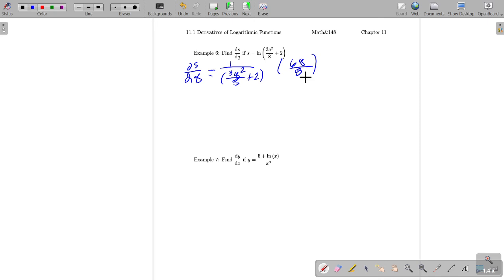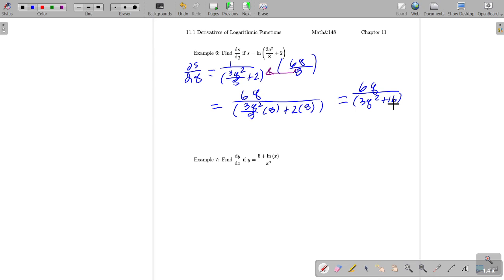Okay, so I am going to take this 8 and distribute it to here because it's a denominator. So this is going to become 6q, and then I will have 3q squared over 8 times 8 plus 2 times 8, which is 6q over 3q squared plus 16.